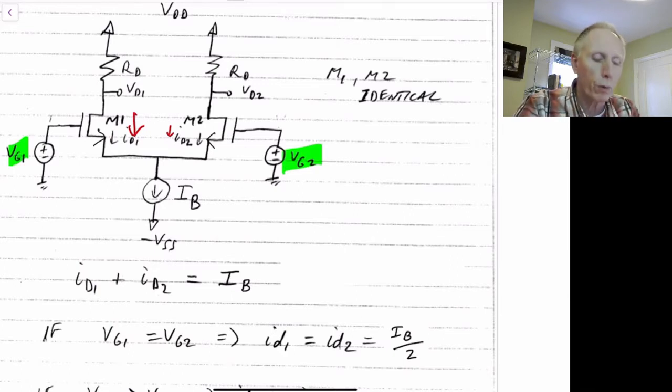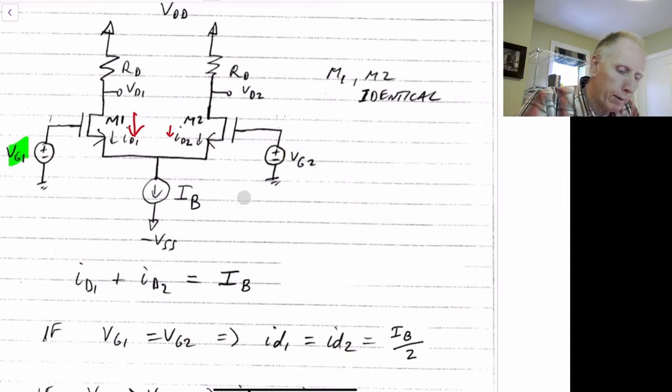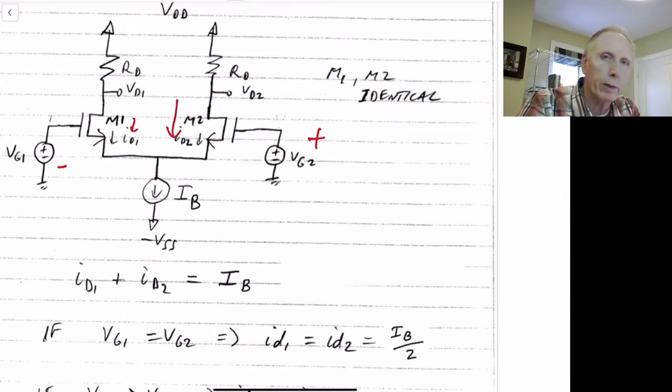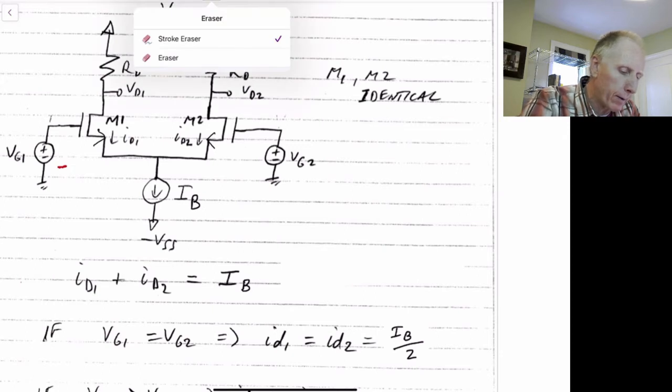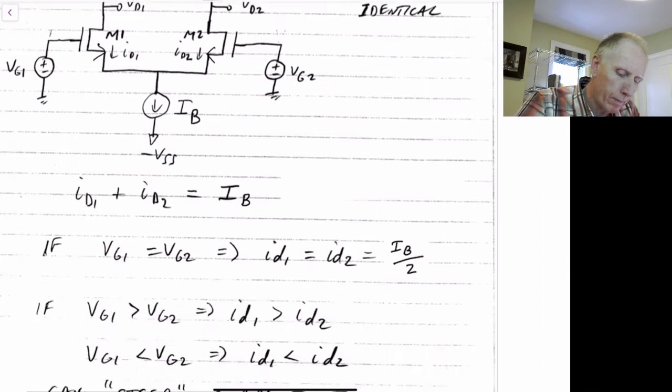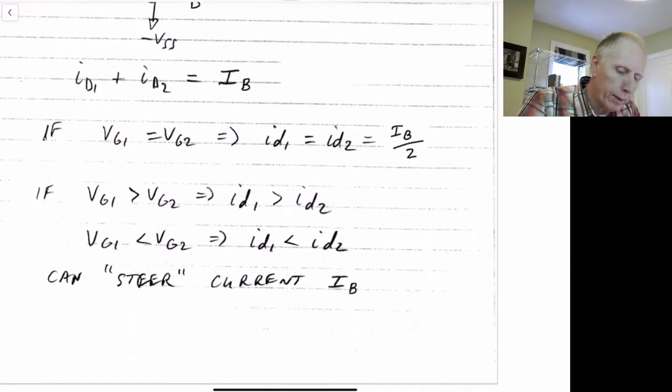So more current will go through ID1 and less current will go through ID2. In the opposite case, if we instead increase this one and this one decreases somewhat, then the current through transistor M2 will be large and the current through this one will be smaller. So we can steer the current one way or the other way.